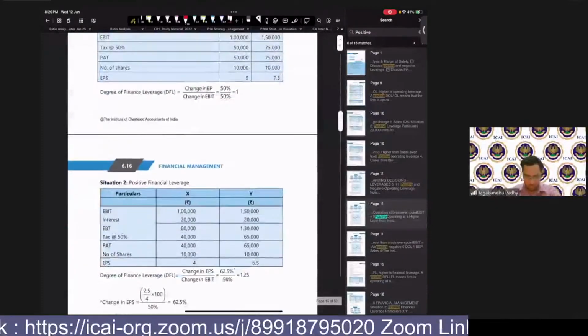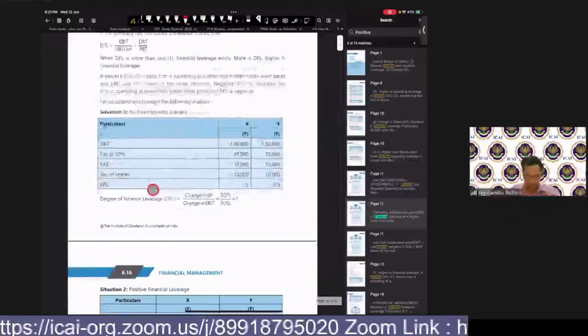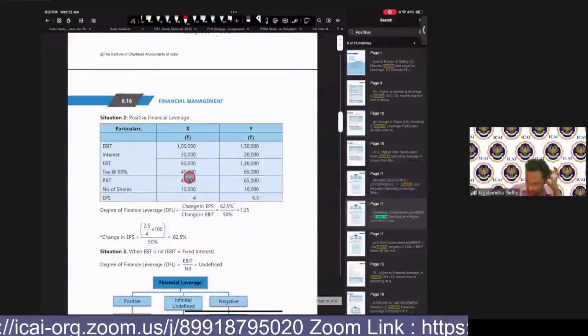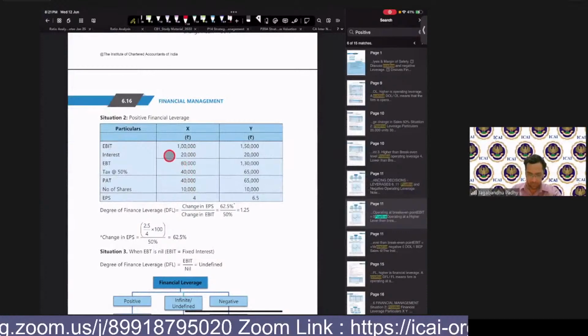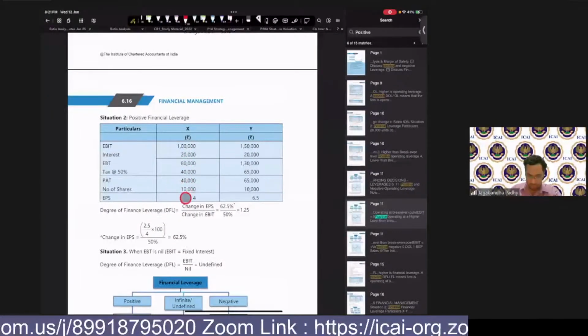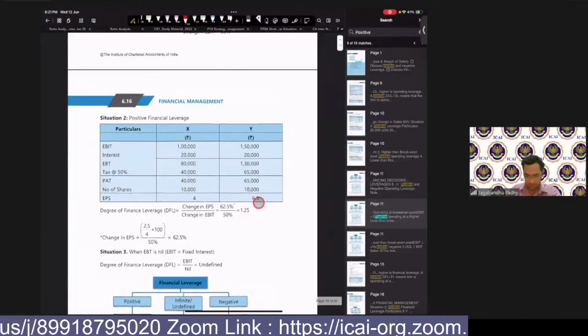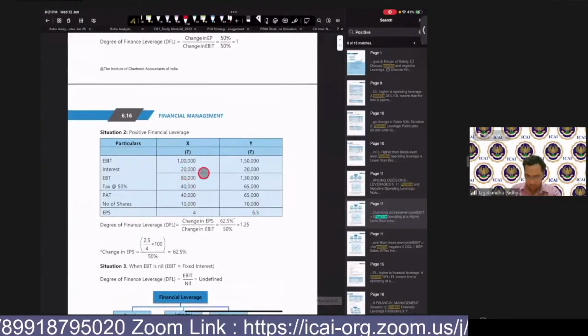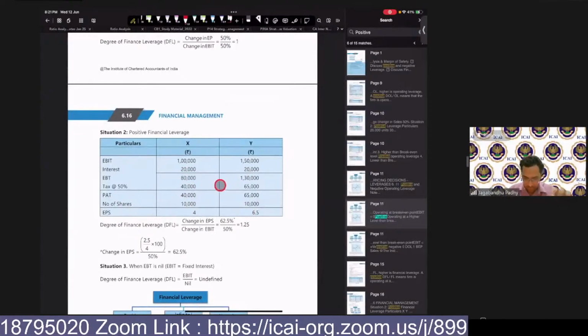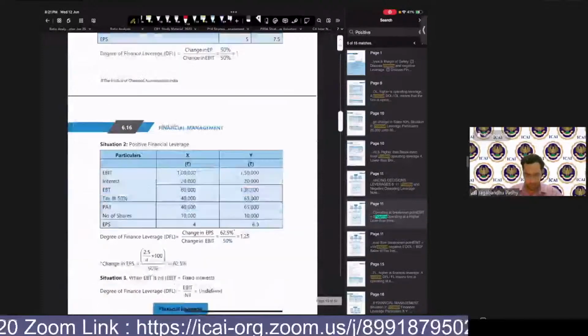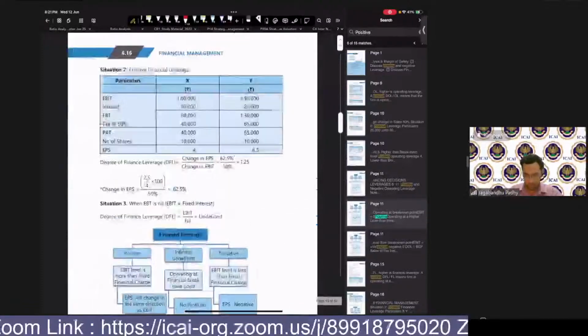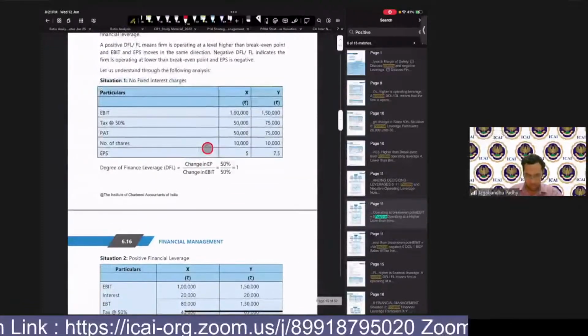6.1. No fixed interest charges and positive financial leverage. That's what I said. Over here, when you're having financial leverage, see here the EPS is 4 and here it is 6.5. So there is no fixed interest charge.